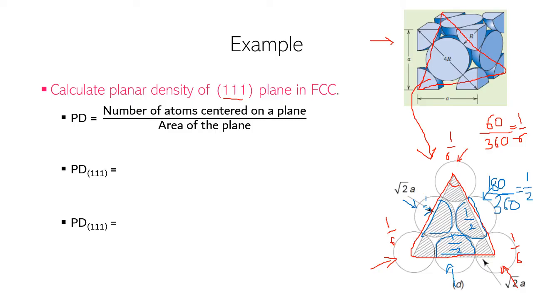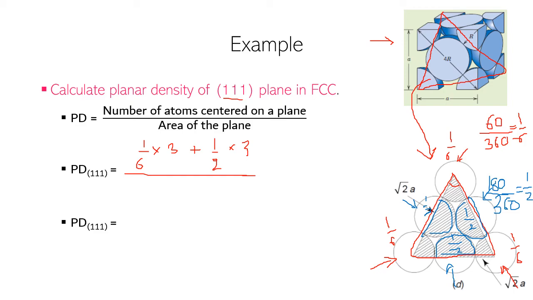So let us write the equation for the numerator. So 1/6 into 3, this is for the corner items: 1/6 of each corner item, and there are 3 corner items, plus half of each face-centered item into 3, as there are 3 face-centered items, divided by the area of the plane.